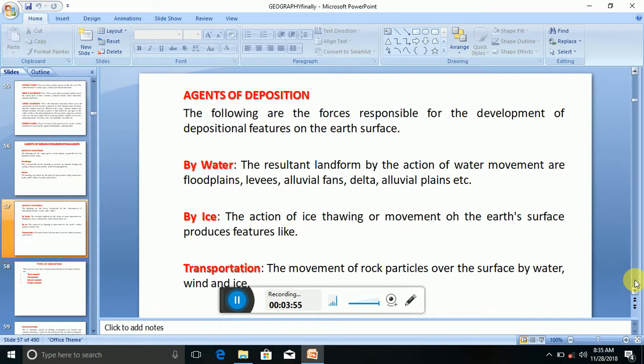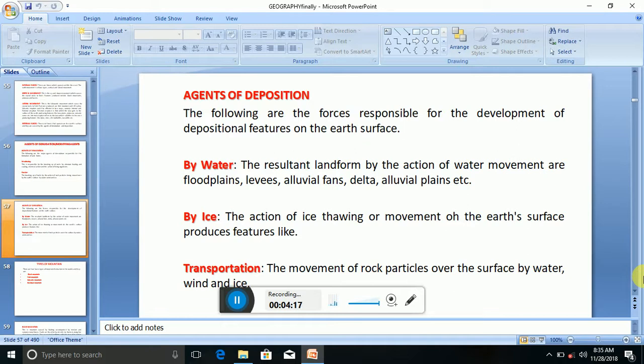Agents of deposition. So you see the two agents of denudation, weathering and erosion. But the agents of deposition are the following: the forces responsible for the development of depositional features on the Earth's surface. Number 1, by water.